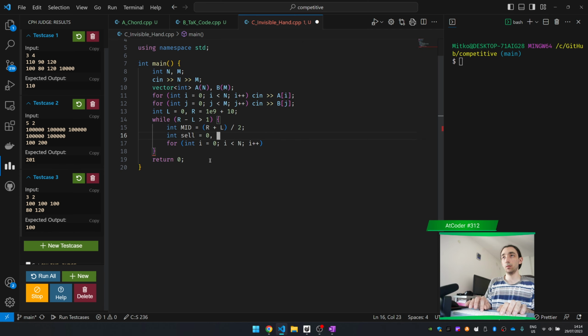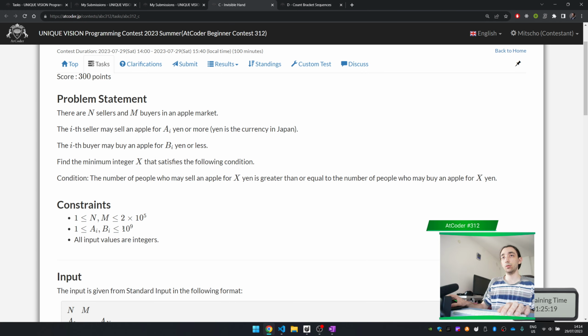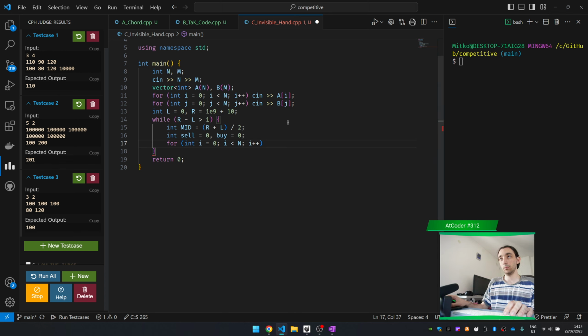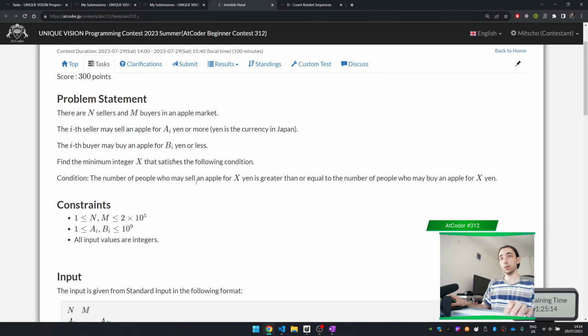Now, you technically don't need to iterate here, but you could do it in log time. But since this is fine, I will just iterate them.